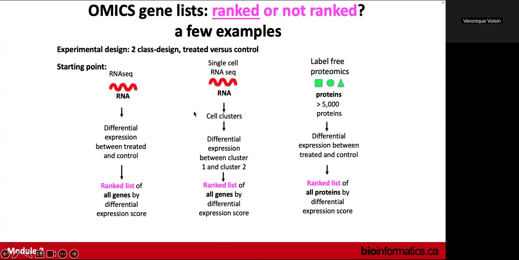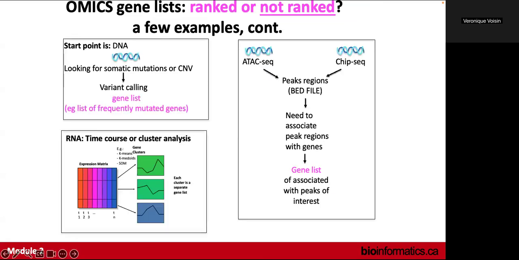We obtain clusters defining two groups of cells, and then we calculate differential expression of these two groups, and we can generate a rank file. Finally, label-free proteomics can lead to a sufficient number of proteins to create a rank list when we compare two groups, treated and control, and we use the same ranking strategy as for the bulk RNA-seq.